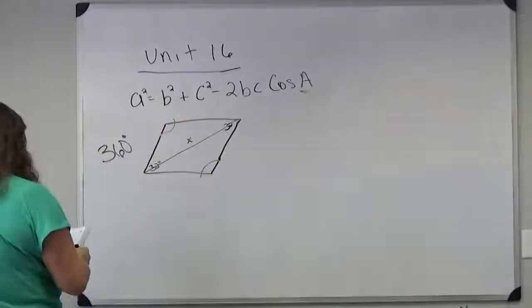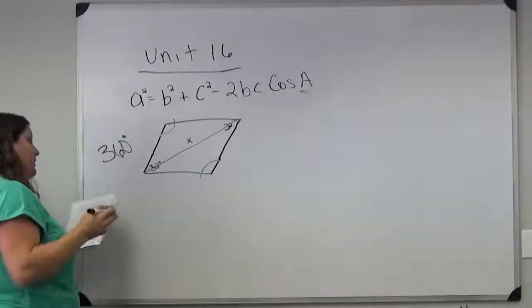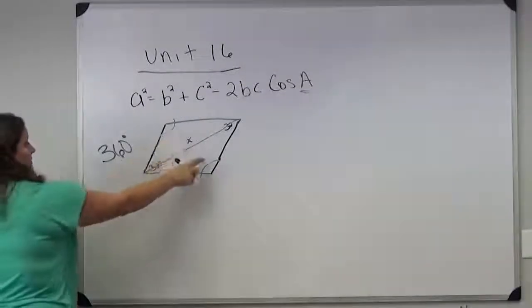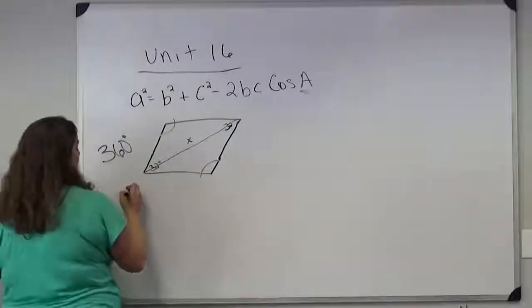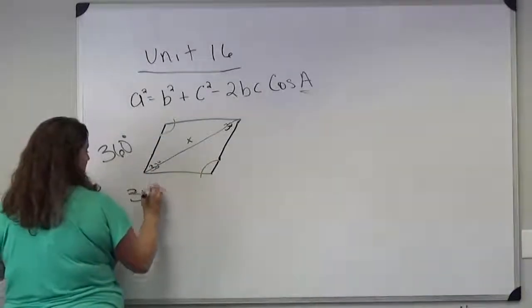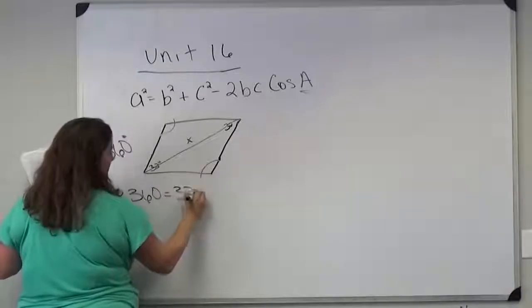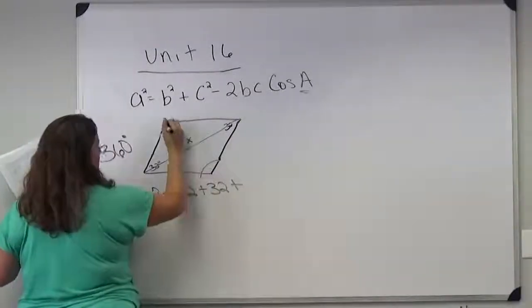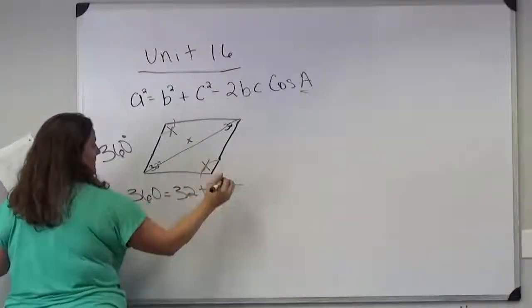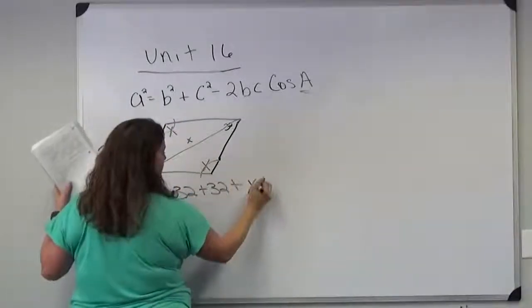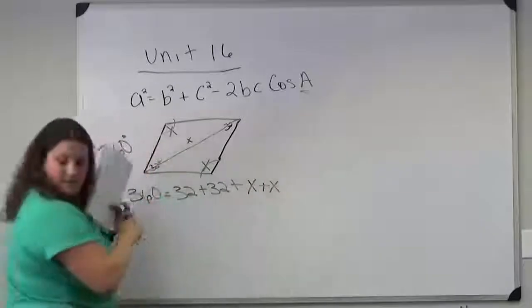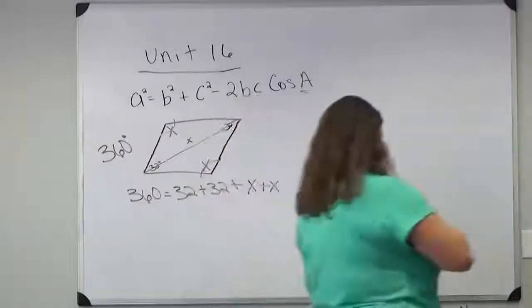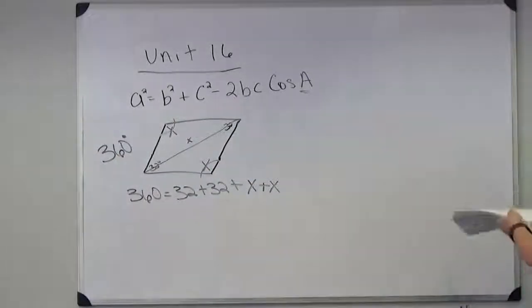So the first thing you're going to want to do is solve for these missing angles. So we know that 360 degrees equals 32 plus 32 plus, let's make these big X, X plus X. Let me get a different marker so that you can see that a little bit better.